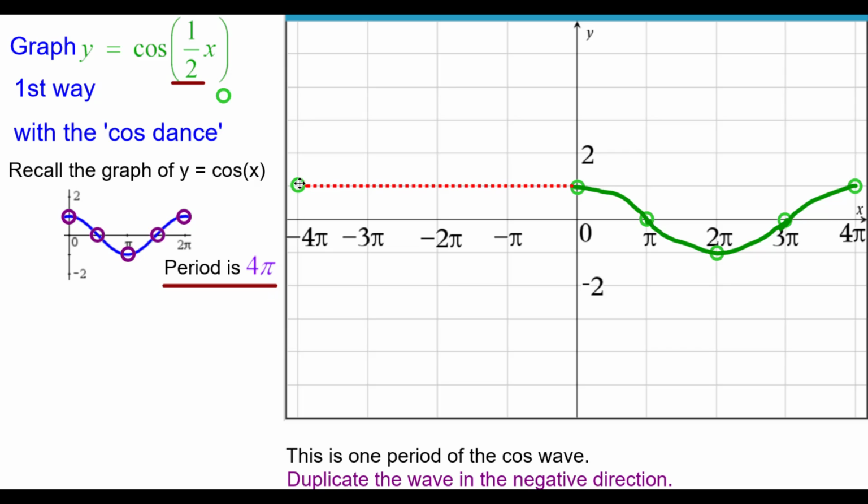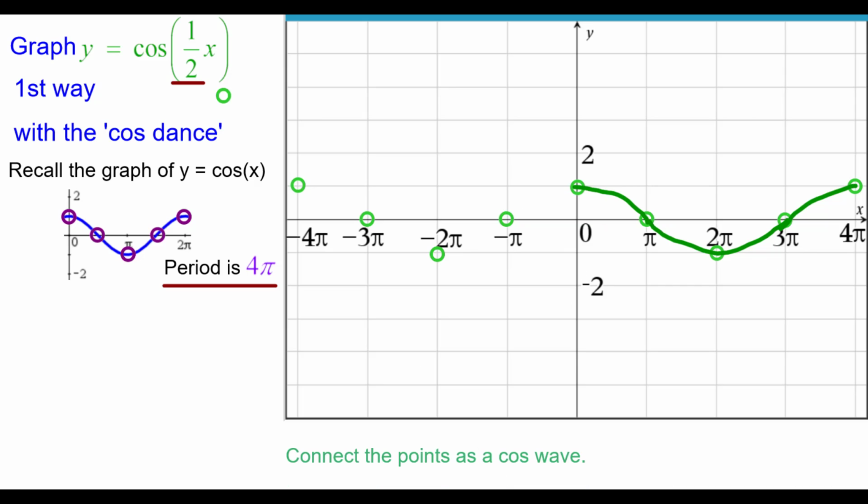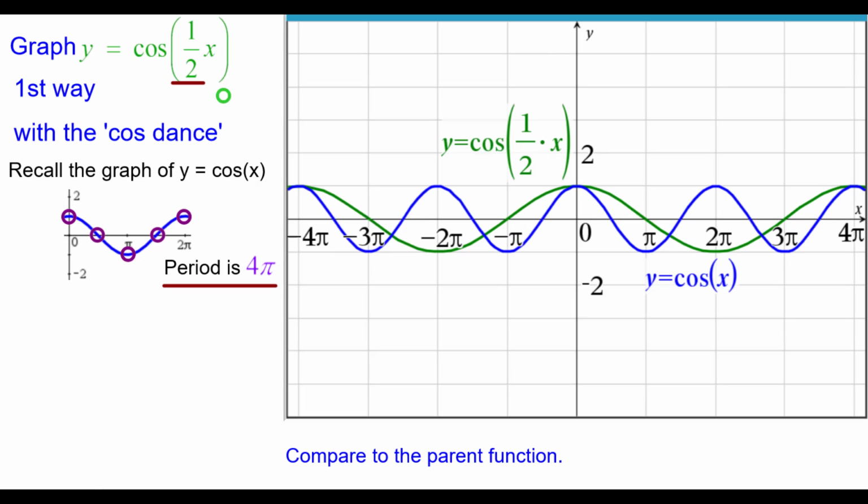So -4 pi, 1. The next is from this point of inflection back a period, from the minimum back a period, and from this point of inflection back a period, which is 4 pi from there. Connect the points as a cosine wave: frown, smile, frown, and compare it to the parent function in blue.